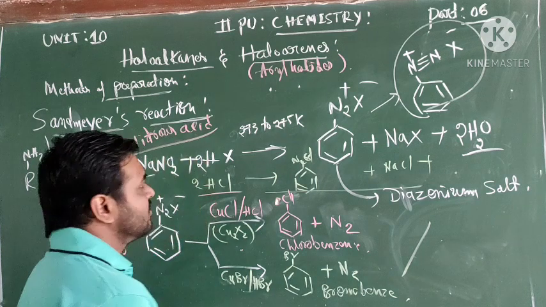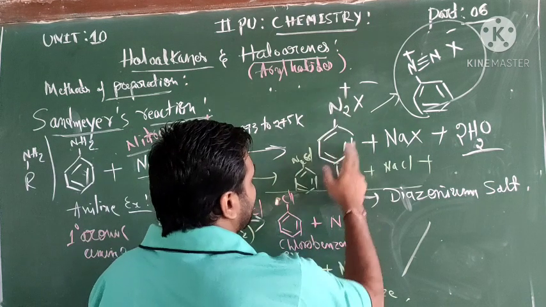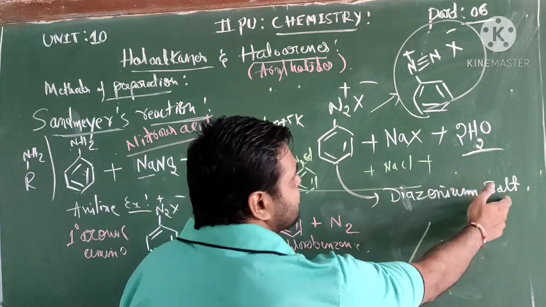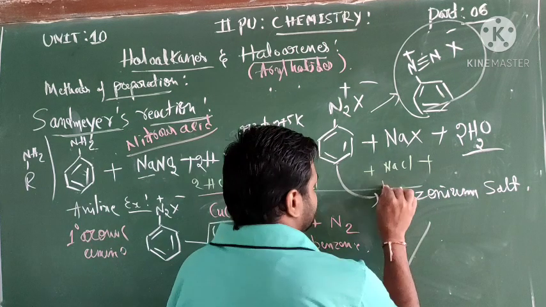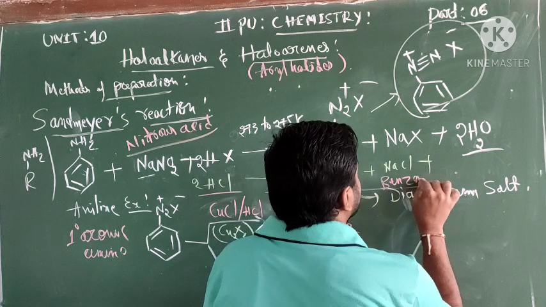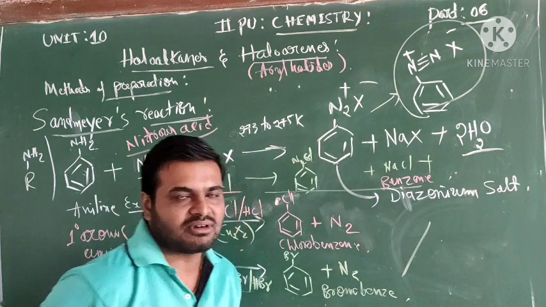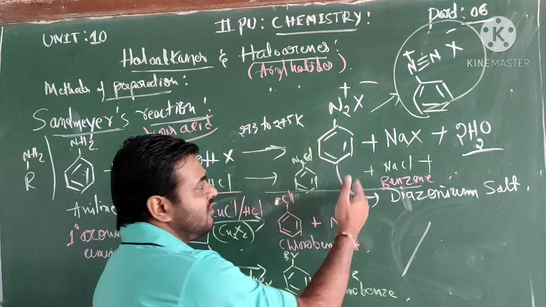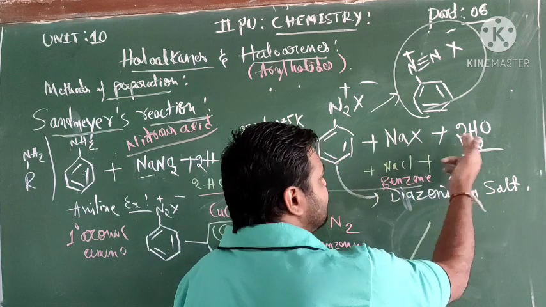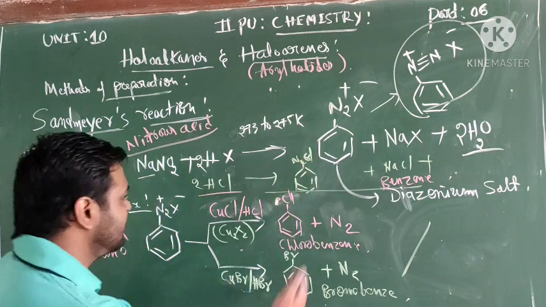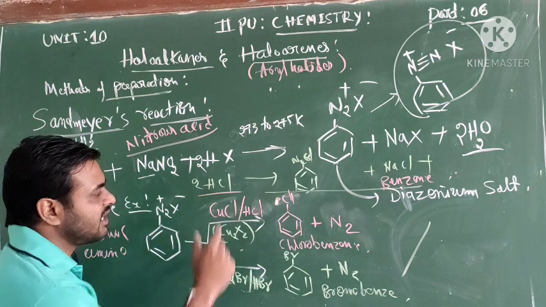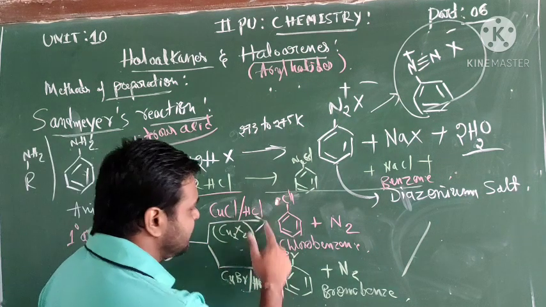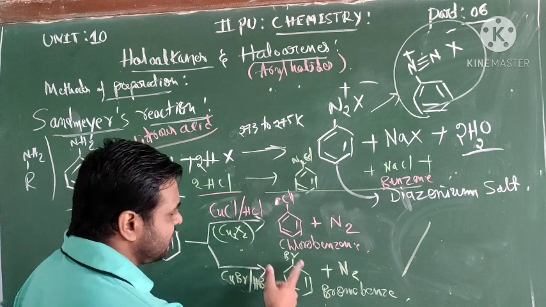So we get this product, which we call diazonium salts. Okay? Benzene diazonium salts. So the benzene ring is there. Benzene diazonium salt with sodium halides, and a water molecule will be liberated. Then benzene diazonium salts react with cuprous chloride and hydrogen chloride to give chlorobenzene. Cuprous bromide will give bromobenzene.